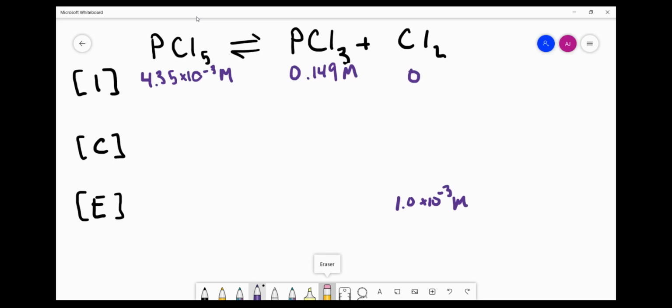That system is not at equilibrium and is allowed to come to equilibrium. How do we know it's not at equilibrium? Well, we just know from the question that we start off with no chlorine gas, and then at equilibrium, we have some chlorine gas. So clearly, the reaction has shifted to the right. The question is, what's the extent of the change that is occurring?